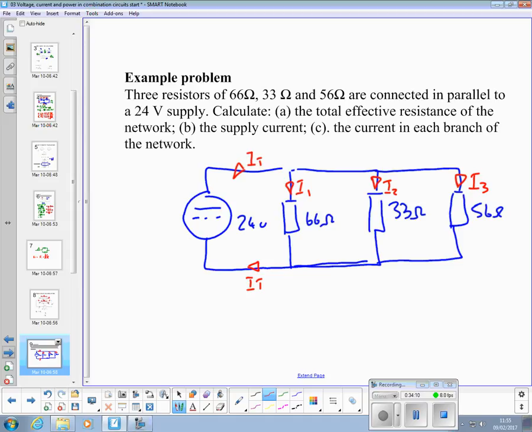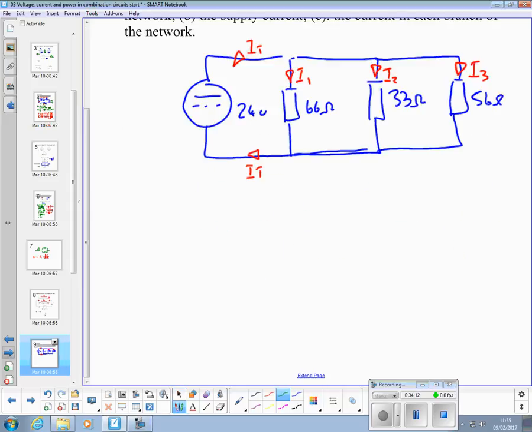So, A. How do we calculate the total resistance of that circuit? Yeah, R1 to the minus 1, plus R2 to the minus 1, plus R3 to the minus 1, and the whole lot to the power minus 1, from last week.